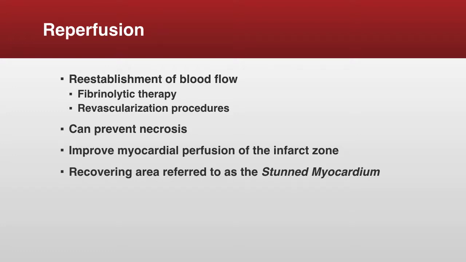So reperfusion is the word that we use for reestablishment of blood flow. The way we do that is with fibrinolytic therapy, and that's a medication that starts to break down the fibrin in that clot that is blocking off that artery.